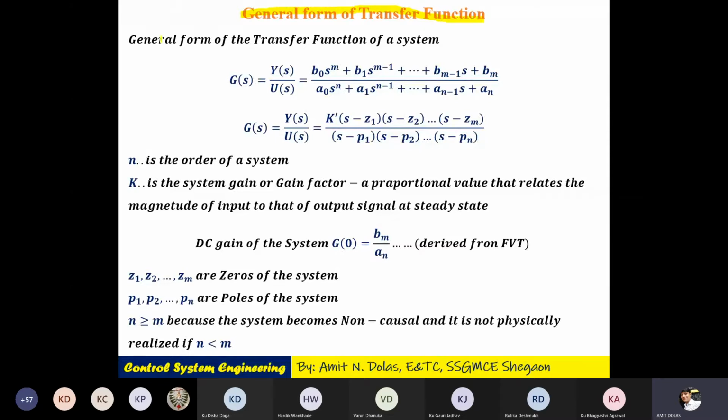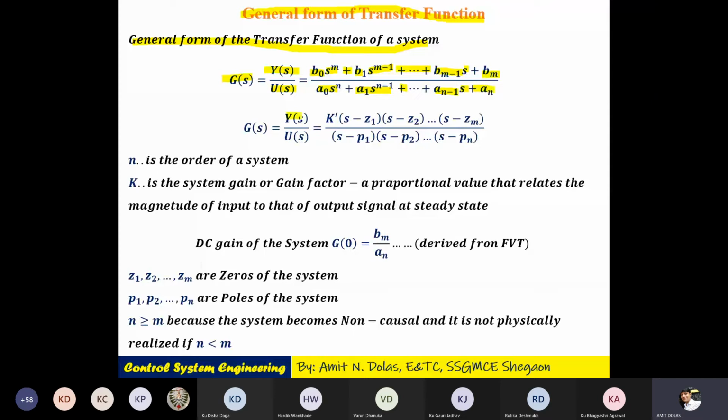So the general form of transfer function is like this: G of s is the system, where Y of s is the output and U of s is the input, and the form is b0 s to the power m plus b1 s to the power m minus 1, and so on, up to b m minus 1 s plus bm, divided by a0 s to the power n plus a1 s to the power n minus 1, a polynomial equation, and so on, up to a n minus 1 s plus a n.